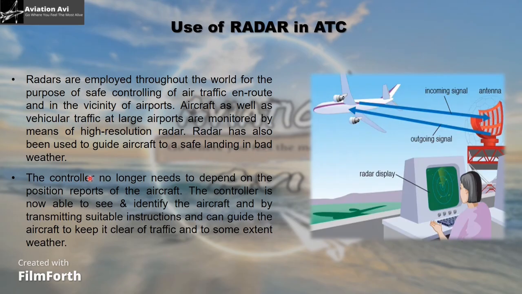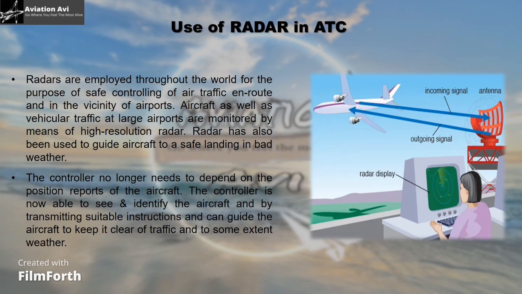The controller no longer needs to depend on the position reports of the aircraft. The controller is now able to see and identify the aircraft, and by transmitting suitable instructions can guide the aircraft to keep it clear of nearby aircraft and even, to an extent, help it avoid adverse weather conditions.